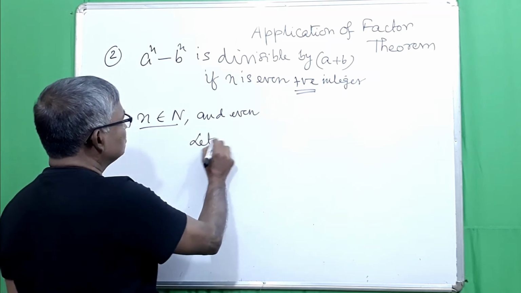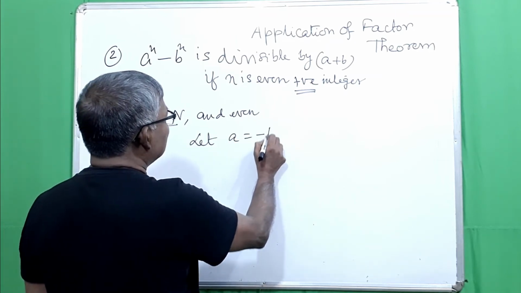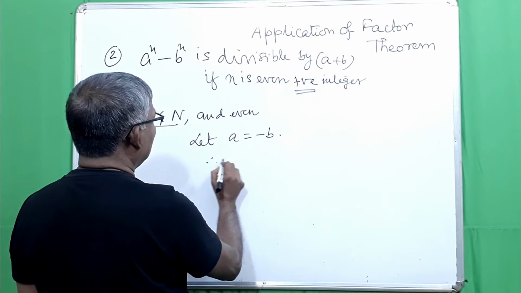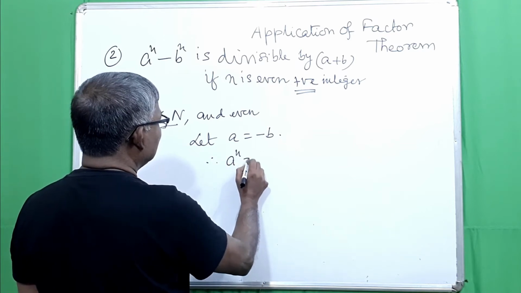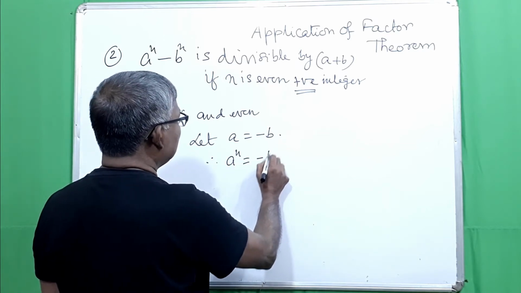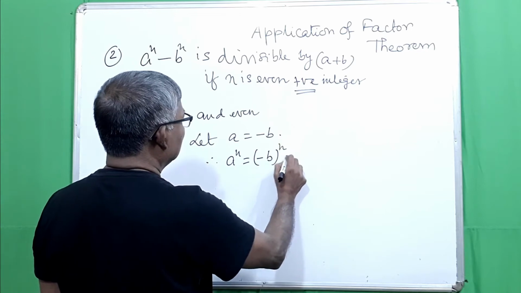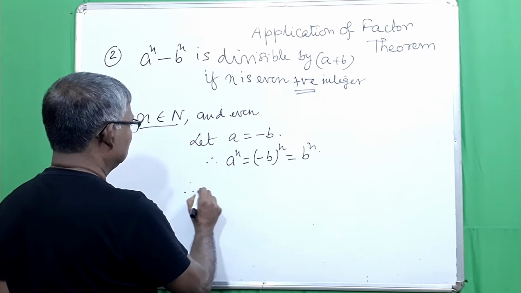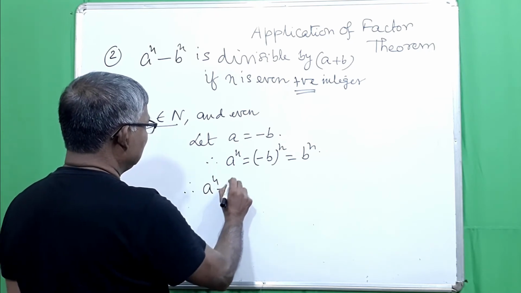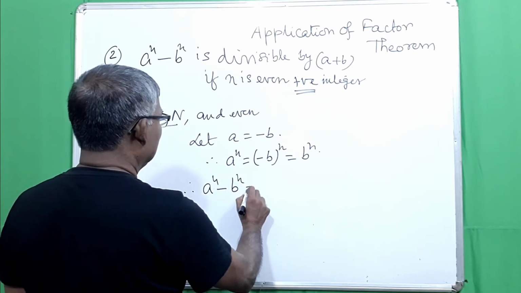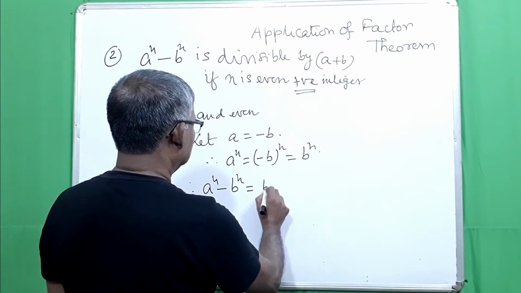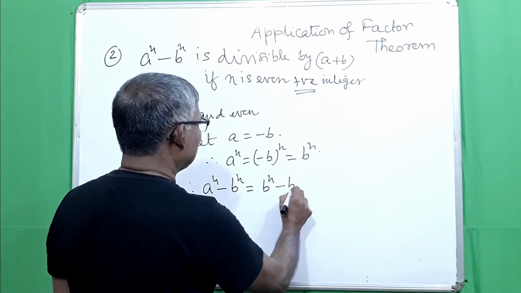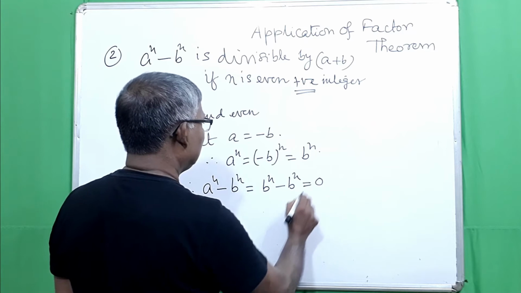Let a equal to minus b. Therefore a to the power n equal to (minus b) whole to the power n equal to b to the power n. Therefore a to the power n minus b to the power n equal to b to the power n minus b to the power n equal to 0.